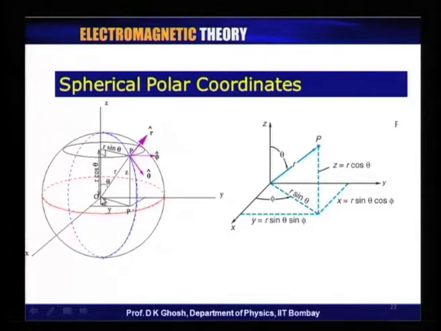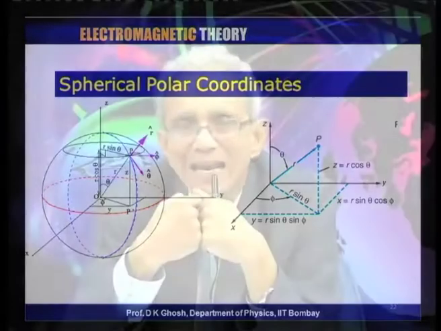Now, notice there is an equatorial plane. This equatorial plane is what I call the xy plane. I identify the equatorial plane with the xy plane, and the axis of the, if you like, the rotation of the earth. Suppose the earth is rotating about an axis joining the center of the earth with the pole. So, that is perpendicular to the xy plane. I am of course assuming earth is a perfect sphere, which, as you know, it is not.